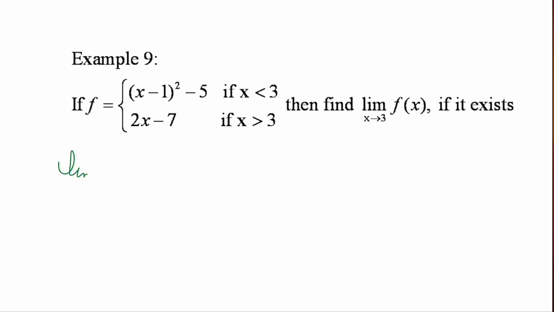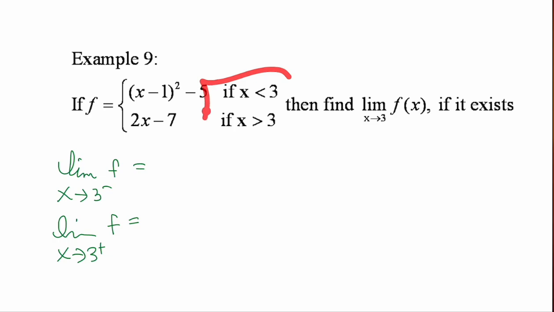So let's do the limit as x approaches 3 from the left, and let's do the limit as x approaches 3 from the right. Now we only have to do that if 3 is our border value, because the border value is going to determine if the switchover, if the graphs line up and match together.